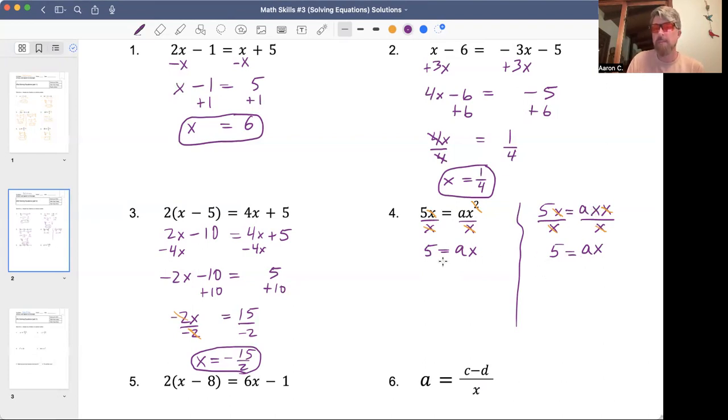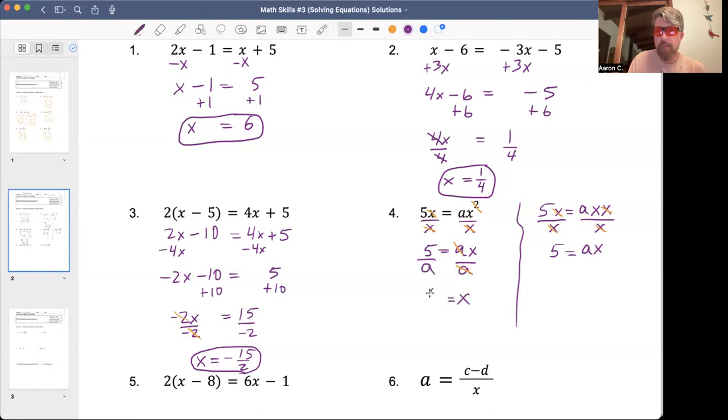So from here on out, I'm just going to try to solve for x. I'll just do it over here on the left now. So we're going to divide by a on both sides so that we can move that over there, because a is multiplied by x. So I have to divide it so that I can cancel these out. So now I end up with x on the right.